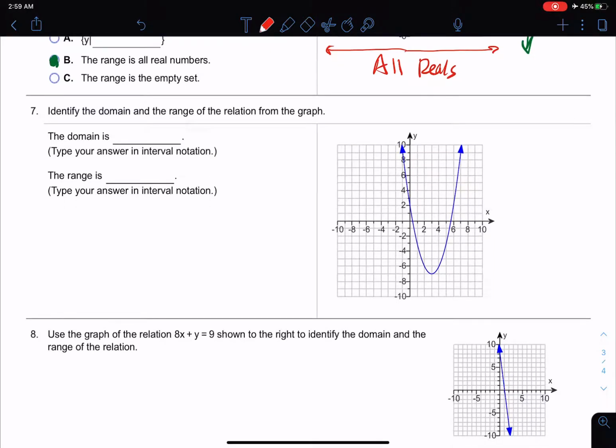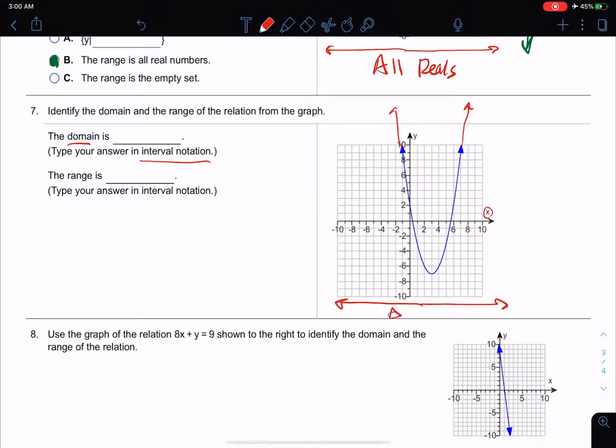Same thing, let's figure out what the domain is. And this time, write your answer in interval notation. So the domain is the set of all x values. And you can see this blue parabola goes forever up and to the left. So it's eventually going forever to the left, and it's going up and forever to the right.